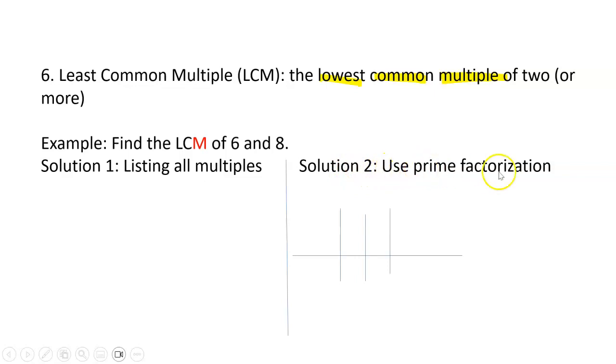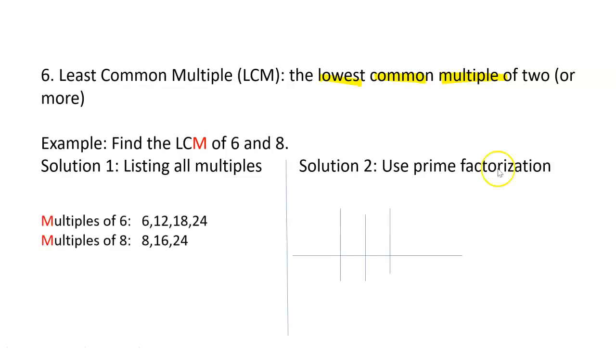We can use prime factorization, which was discussed in previous 2 videos. So first, we make a list of the multiples of 6. Well, not all of them, the first few, because for each number we have infinitely many multiples. Again, multiple comes from the word multiply. So when we take the number 6 and multiply by 1, any number times 1 is itself, so we get 6.